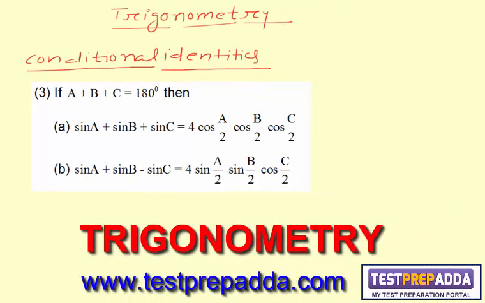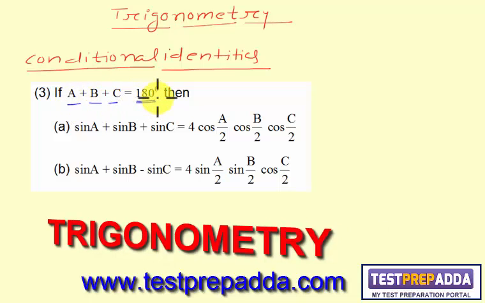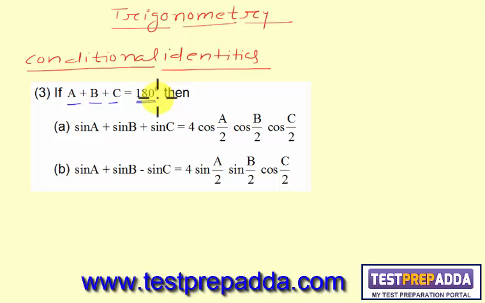Now I'll take a few other conditional identities. Here it is given A plus B plus C is equal to 180 degrees. Again, I'll tell you, in place of A plus B plus C is equal to 180 degrees, they may say A, B, C are three angles of a triangle.